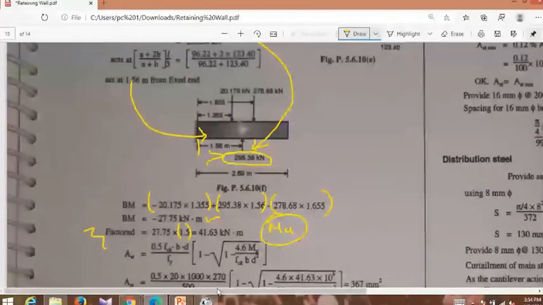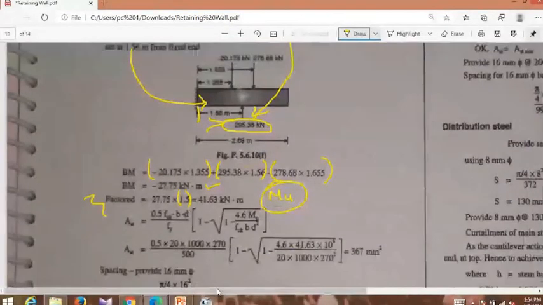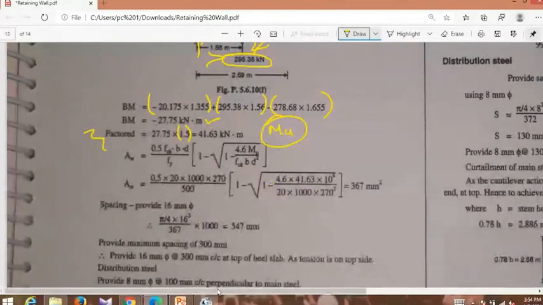After getting the moment, the procedure is the same as you did in the previous design also. Then we will go for Ast. We know the formula, that is 0.5 fck divided by fy, into 4.6 Mu divided by fck b d square. Just substitute the values 0.5, 20, 1000, it is always 1000 because all are slabs, not beams.